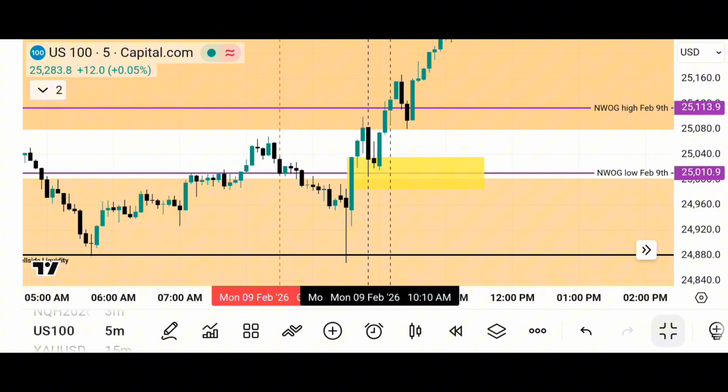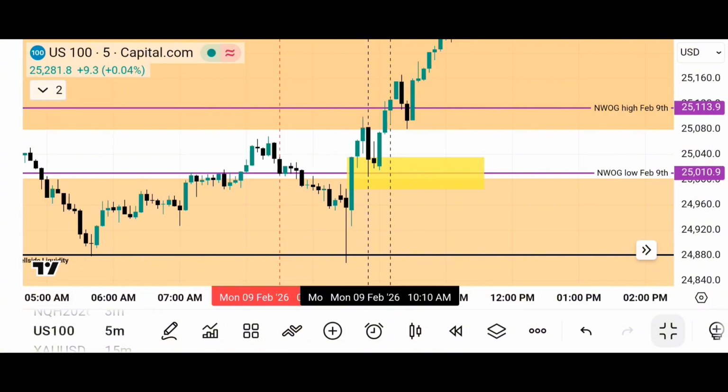So this is how you make use of the macro. I'm not saying it's going to be this easy, but you have to do lots of back tests and lots of practice to be able to take note of the time range of the macro, and use the macro time to your advantage to predict what price is doing.